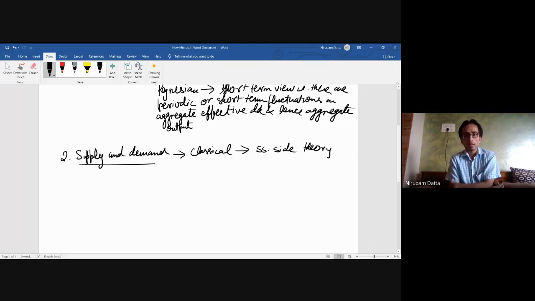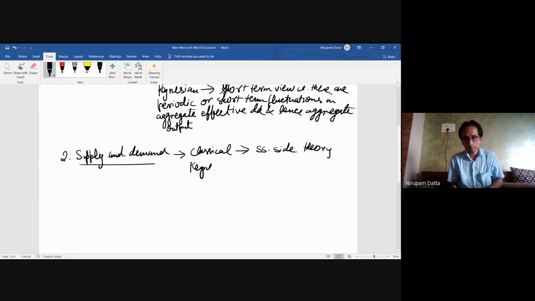And we already know that full employment is a function of real wage rate. So in essence, classical theory says that the economy always exists at full employment equilibrium, so it's always a function of real wage rate. And through real wage rate, output is a function of the technology as well as the level of employment in the economy.